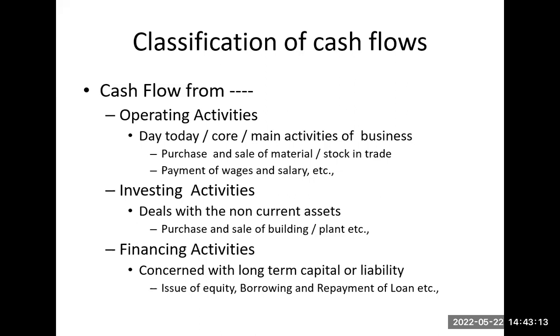All non-current items are considered here: non-current liability in financing, non-current asset in investing. Apart from non-current, we have one more item called current, which can be a current liability or a current asset. Those will be considered in the calculation of cash from operating activities. I'll tell you how we do that. Now come to the cash flow statement.